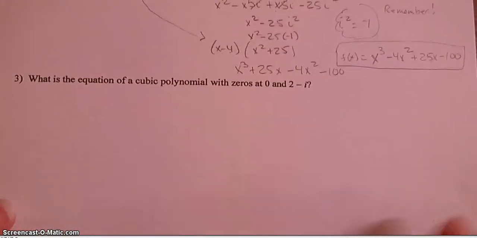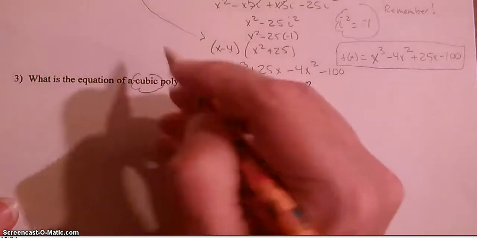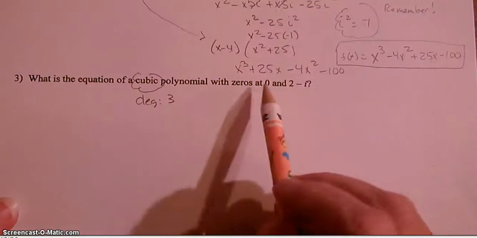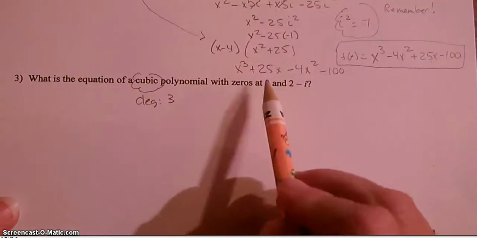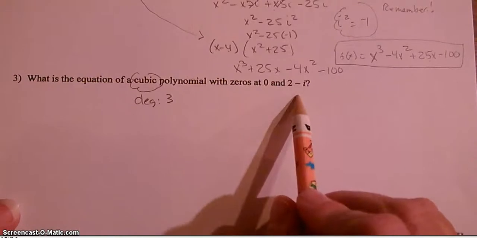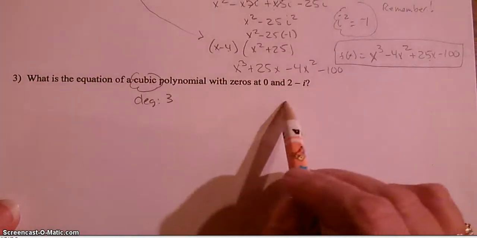Okay, so the next one is, what is the equation of a cubic polynomial? Again, the clue there is degree is 3, so I need 3 solutions, with zeros at x equals 0 and 2 minus i. Alright, so this is a little bit tricky because we have the whole imaginary thing.